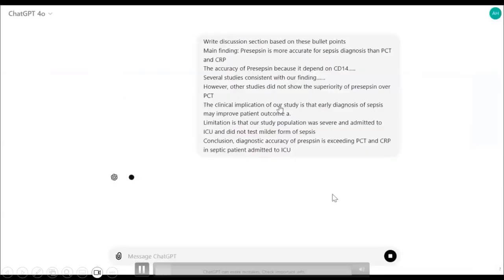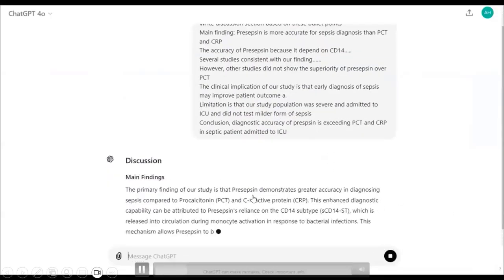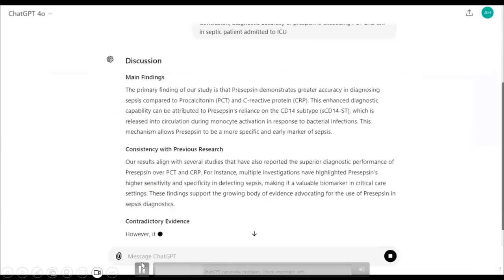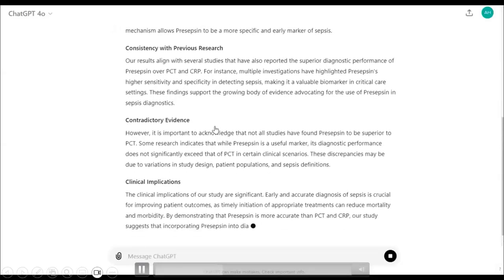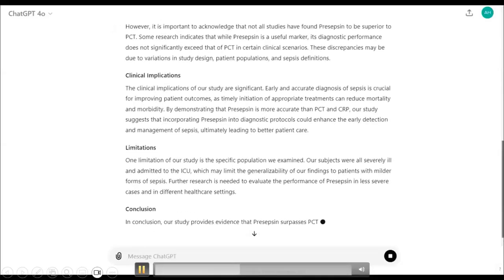If we look at this result, it started with the main finding: the primary finding of our study is that presepsin demonstrates greater superiority in diagnosing, and he can create some scientific sentences to fit in or complete our idea. Then we move to consistency with previous research: our results align with several studies that reported superiority, and so on, then contradictory evidence, clinical implication, and limitation.